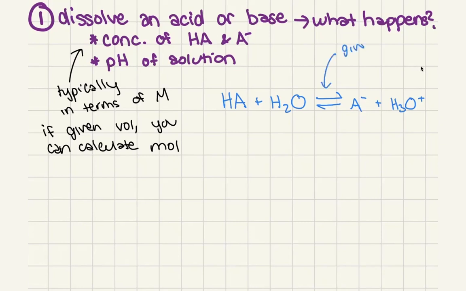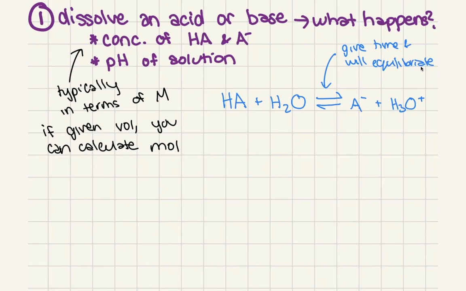So it's going to find its happy place, and its happy place is going to be characterized by its Ka, or we can also think of it by its pKa. Remember, the pKa is just going to be the negative log of that Ka.